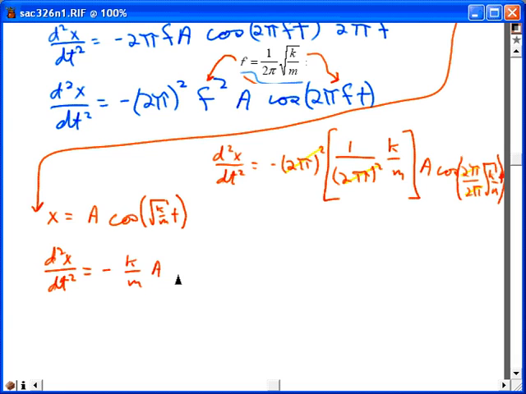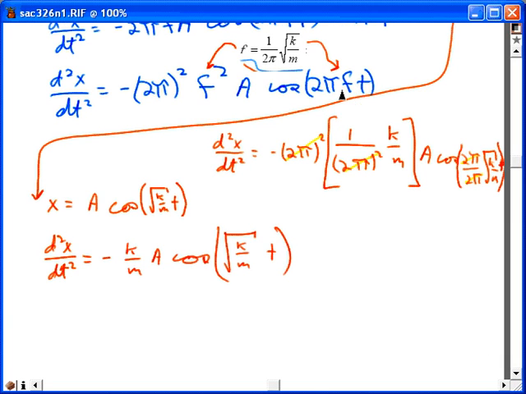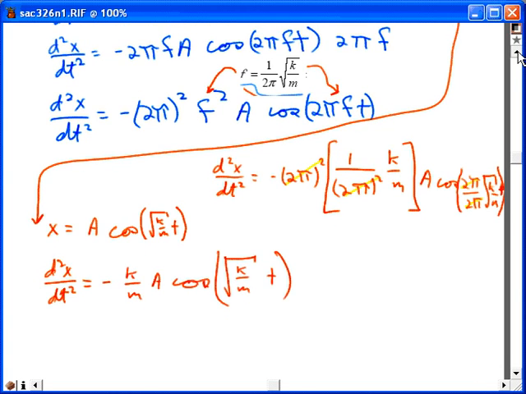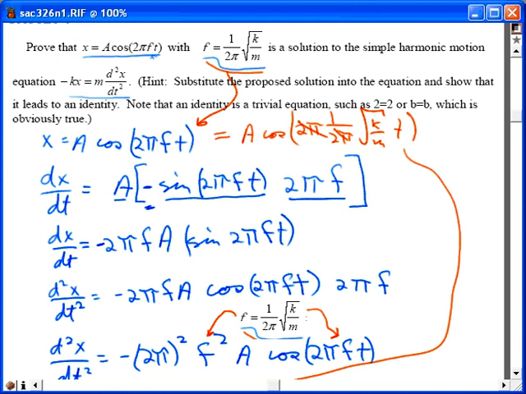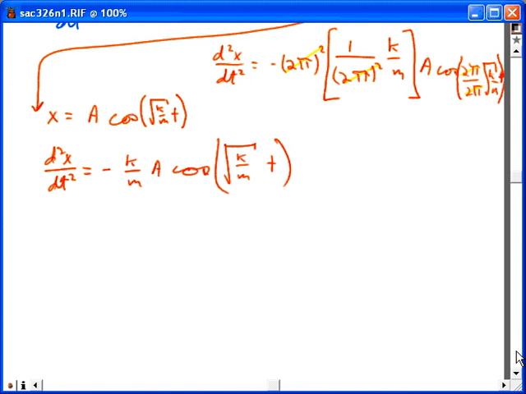That t is disappearing on the inside, so I'll write it quickly. It's the cosine of square root of k over m times t. And yeah, that's what we had up there. And we're supposed to substitute both of those into this expression right here, and see if that leads to an identity.